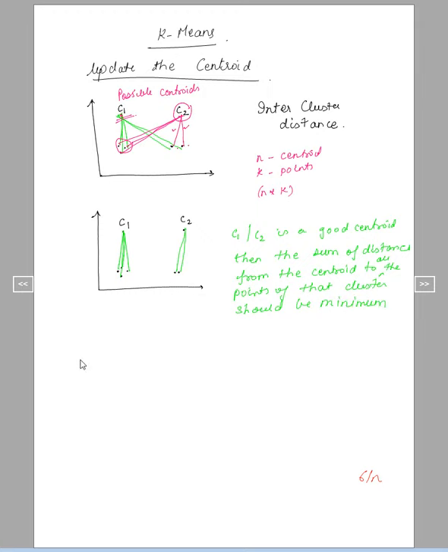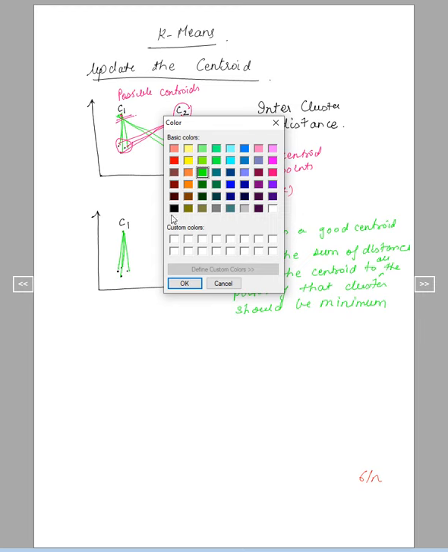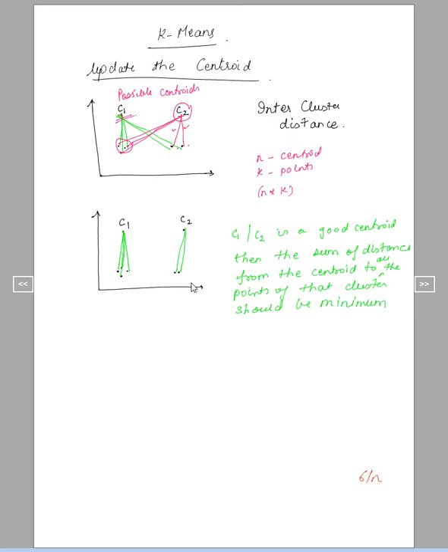Oh, I forgot to change the pen color. It's obvious, right? If I have 3 points and a cluster 1, the distance here would be D1 plus D2 plus D3, a large distance. So we need to update the centroid. Now let's say C1 comes like this.